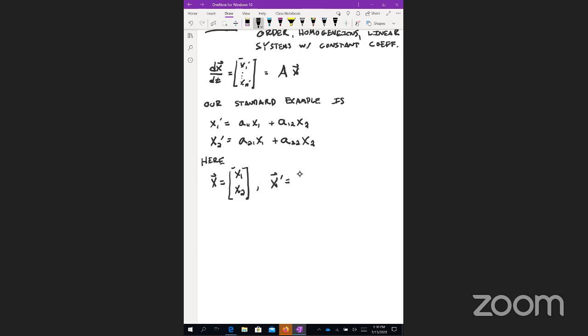The x prime vector is going to be dx/dt for us. So for the next few lectures, probably for most of the rest of the class, our independent variable is always going to be t. X prime is equal to A x, and A is just the matrix of coefficients.